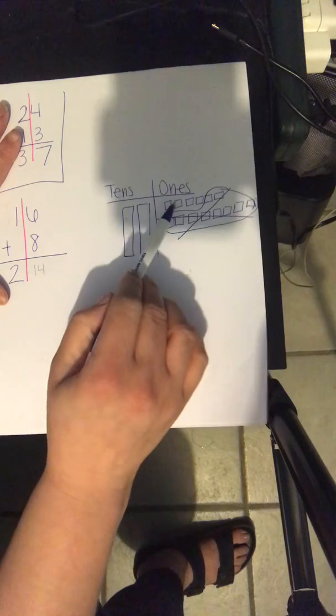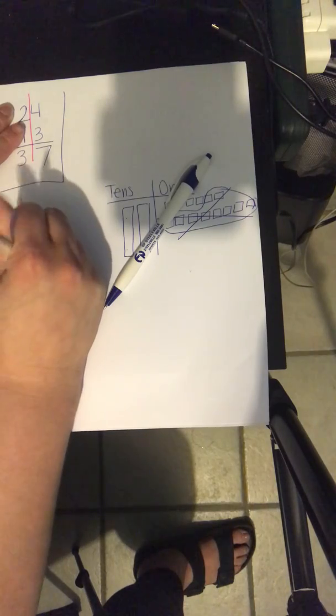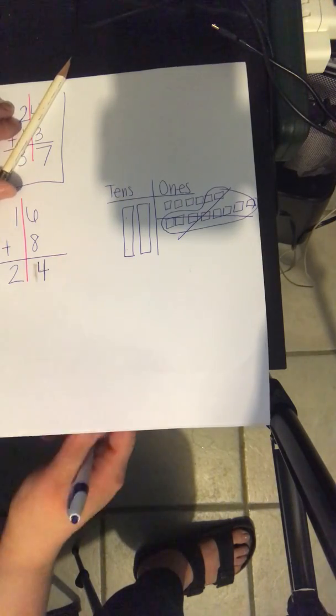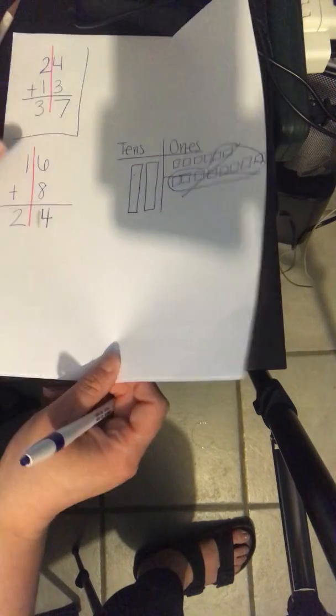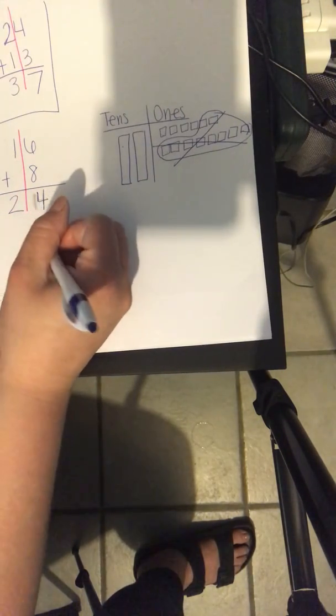How many 1s do we have? 1, 2, 3, 4. Okay, I know this is kind of hard with just drawing. And this is a very difficult concept, so let's keep working.